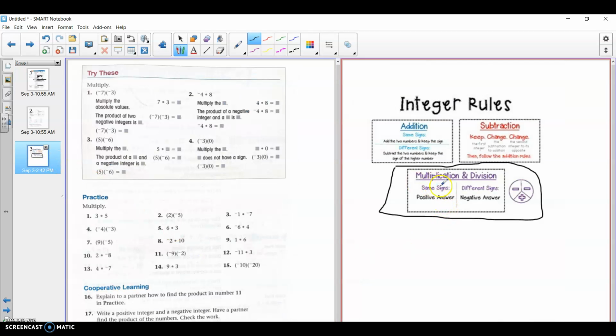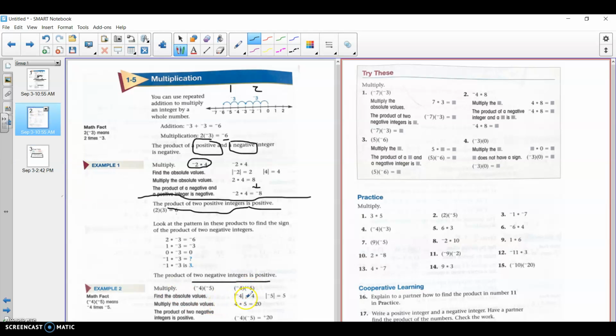Do you have the same signs or different signs? Here, they took the absolute value of -4, got a 4, and the absolute value of -5, got a 5. 4 times 5 is 20. Then they go back up to the original problem, and it's two negatives. So when you have two negatives, your answer is going to be positive 20.